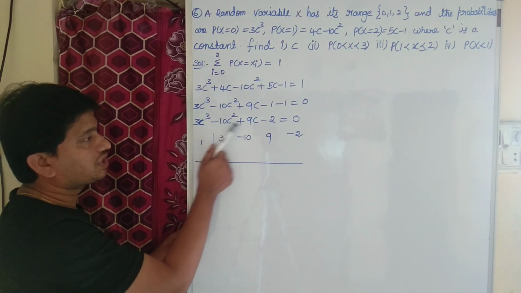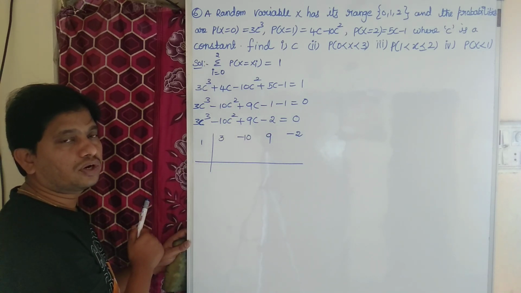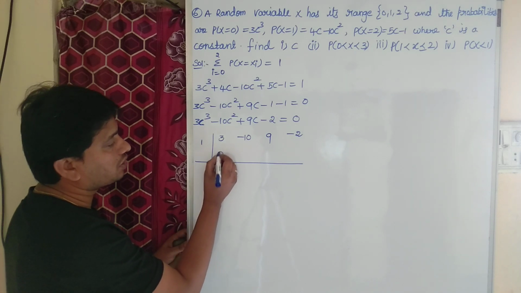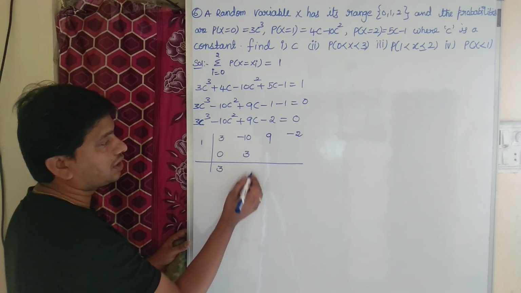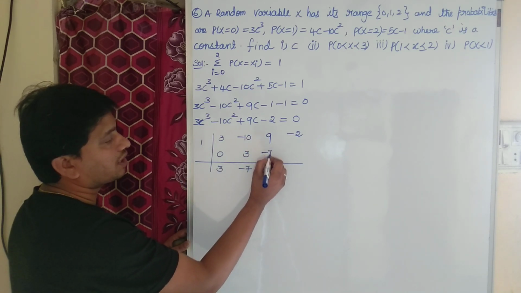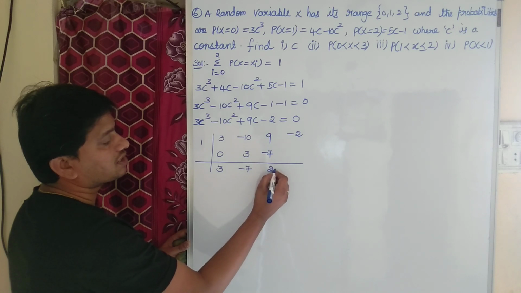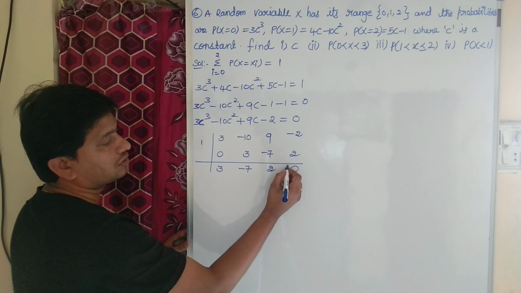Because the sum of the coefficients is equal to 0, then 1 is a root of the given polynomial. Now we put 0 here. 3 plus 0 is 3, 3 into 1 is 3, minus 10 plus 3 is minus 7, minus 7 into 1 is minus 7, 9 minus 7 is 2, 2 into 1 is 2, minus 2 plus 2 is 0.